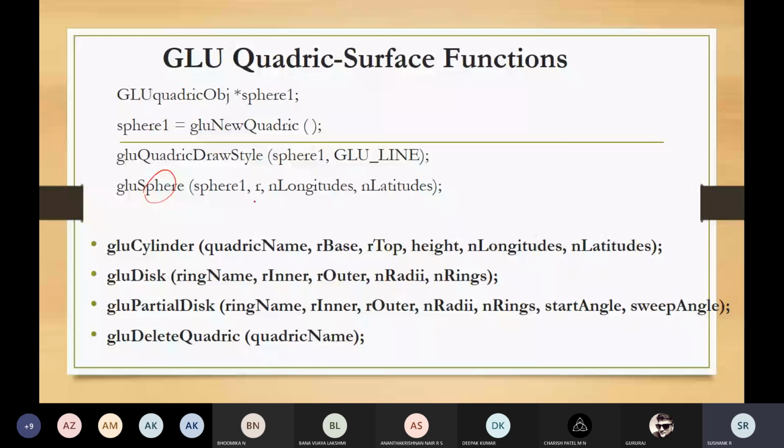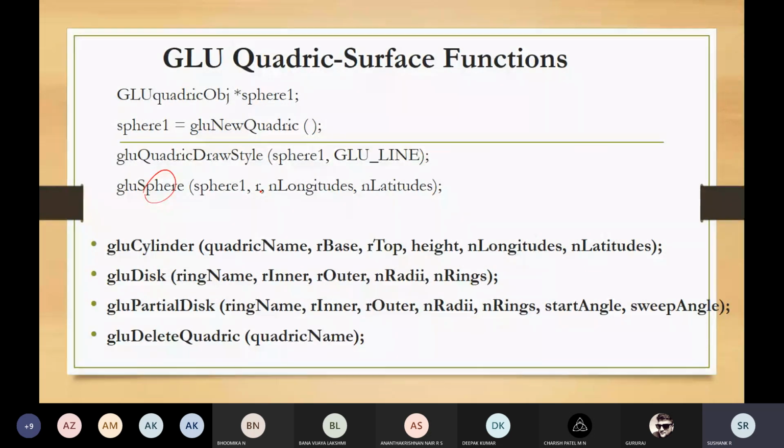So these are the three steps: give the name, activate the renderer, give the values for the surface parameter.